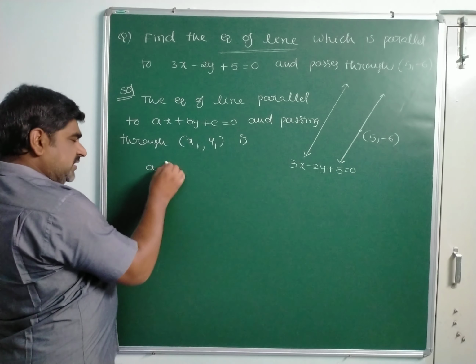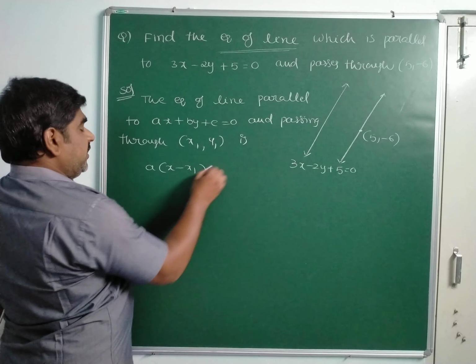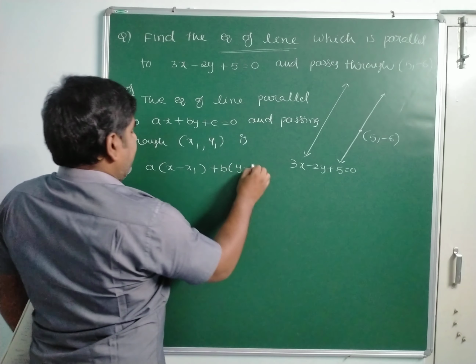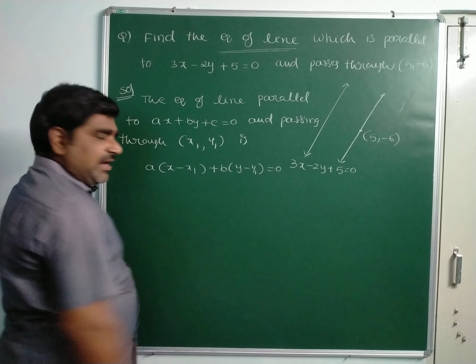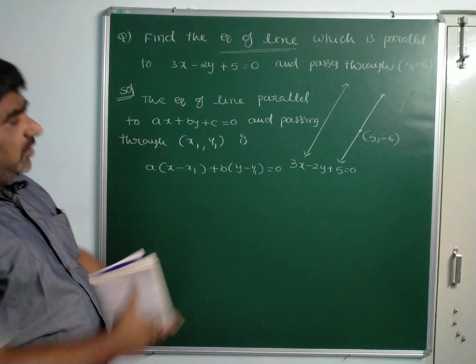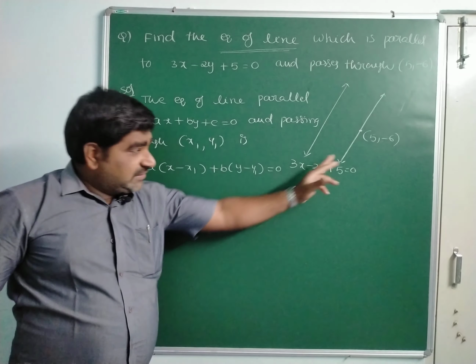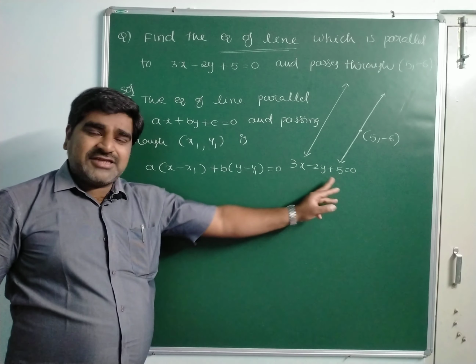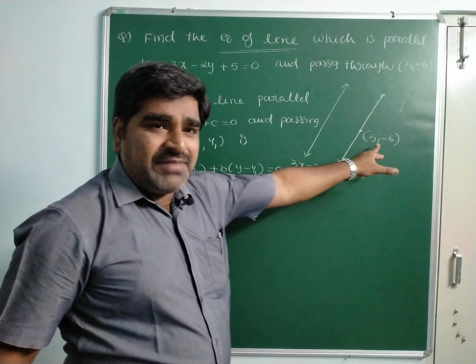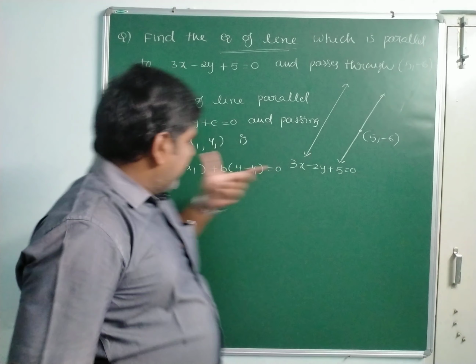We derived that it is a into (x minus x1) plus b into (y minus y1) is equal to 0. It's a simple concept. So in this question, we find the equation of the straight line parallel to 3x minus 2y plus 5 equals 0 and passing through (5, -6). So just apply this concept.